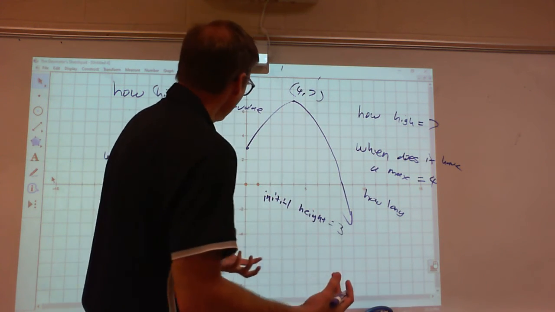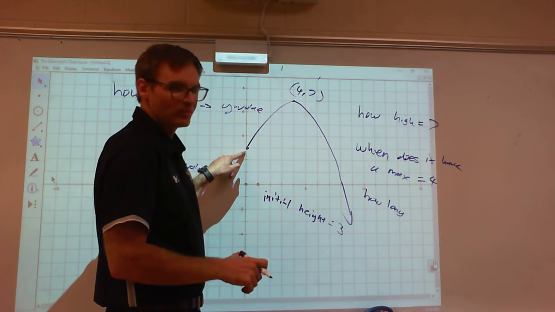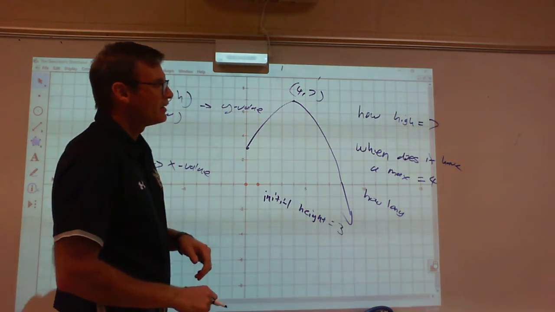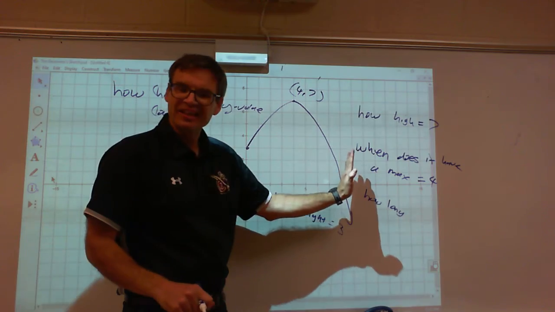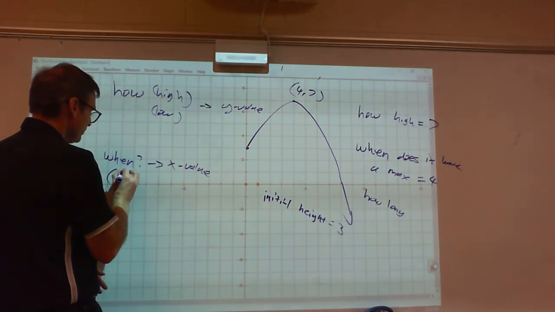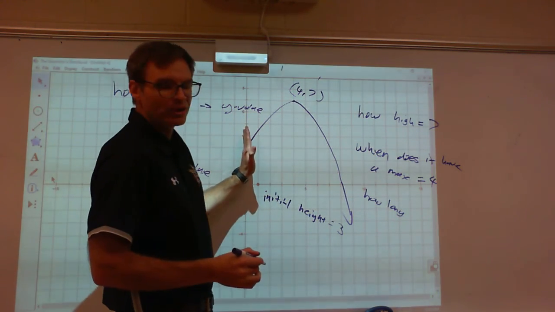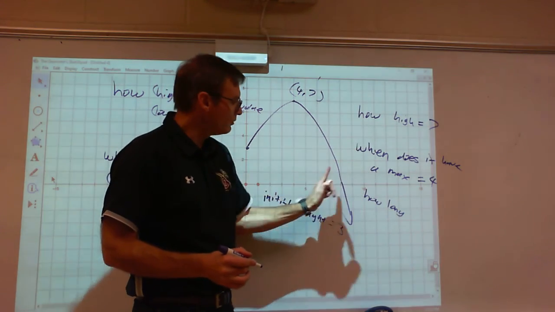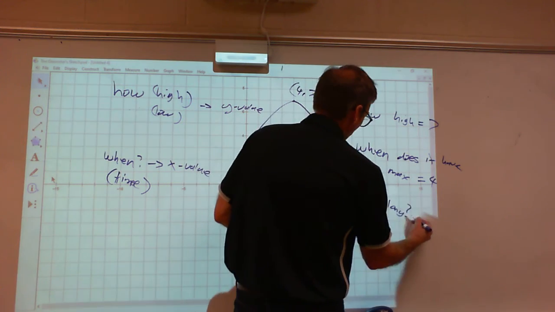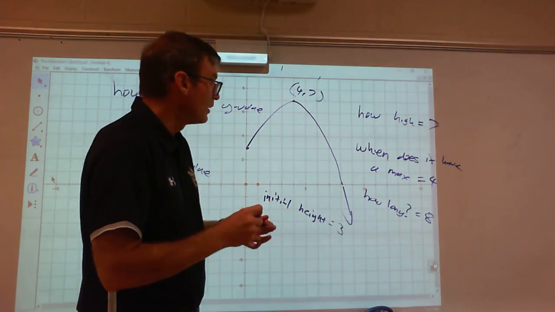It's asking about time. Is the initial y always going to be the y-intercept? Yep. The initial height's always going to be the y-intercept. And sometimes they'll ask how long was the ball in the air. That's looking for time. Anything related to time is dealing with an x value. And so if I want to know how long it takes for the ball to hit the ground, it'll be this point, which is 8, 0. So in this case, how long is going to equal 8 seconds or minutes or whatever they have on it.